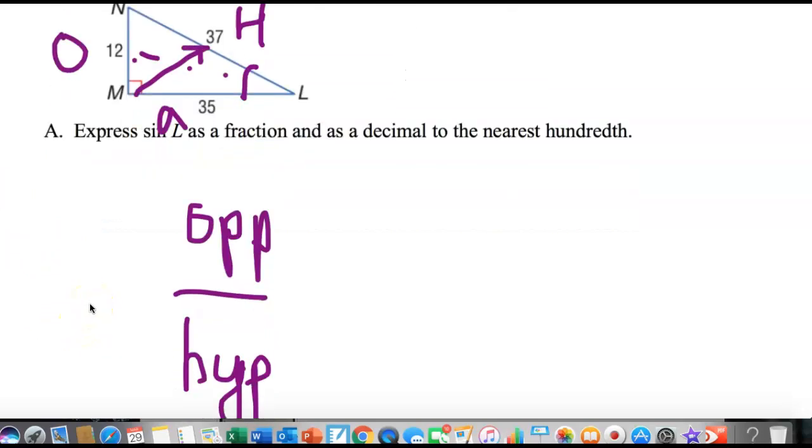Okay, so if we notice it's opposite over hypotenuse, the opposite side is equal to 12, and then it's going to be over the hypotenuse, which is 37.